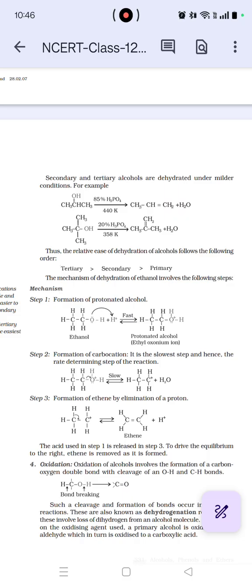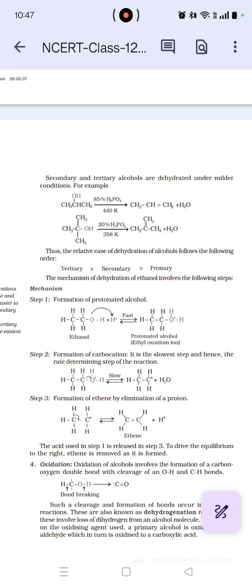The mechanism of dehydration of ethanol involves the following steps. Step 1: formation of protonated alcohol. Ethanol gives a protonated alcohol, the ethyloxonium ion, which is a fast reaction. Step 2: formation of carbocation.